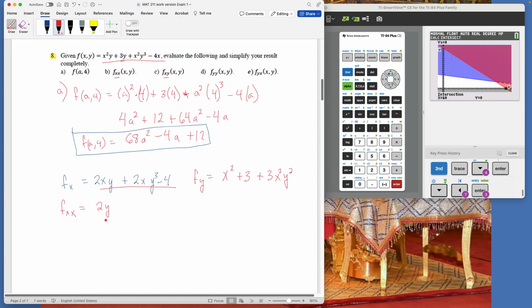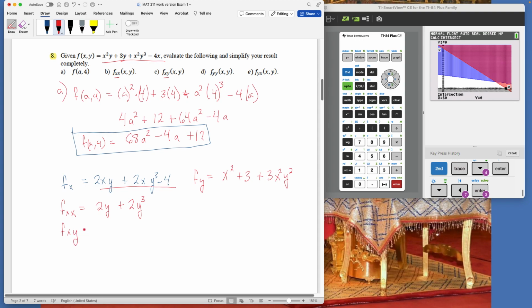Those are both constants, right? Next one, derivative of x is 1, I get 2y to the third. And then the derivative of minus 4, that's a constant, so that derivative is 0.